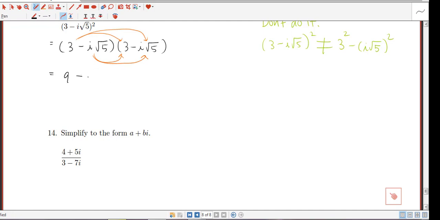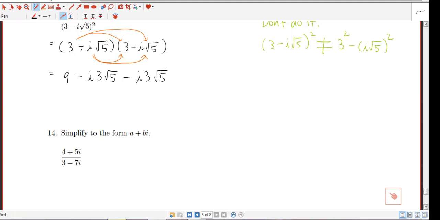9 minus, what is that? i times 3 square root of 5. The order doesn't matter. Everything's being multiplied. So you could have written this as 3i times root 5 or 3 root 5i. It does not matter. And then in the inner term, it's the same thing. Minus i times 3 square root of 5.